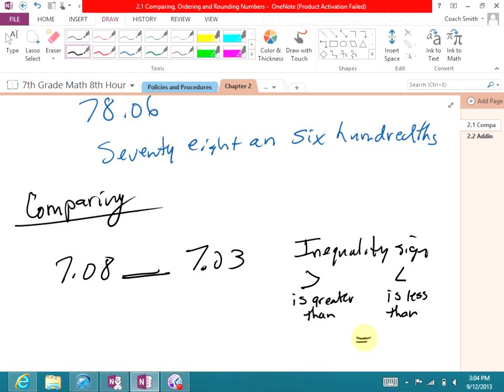Greater than. Okay, remember, when you look at decimal numbers, think about money. Which is larger, $7.08 or $7.03? Well, obviously, $7.08. It doesn't depend upon how many digits the numbers have.